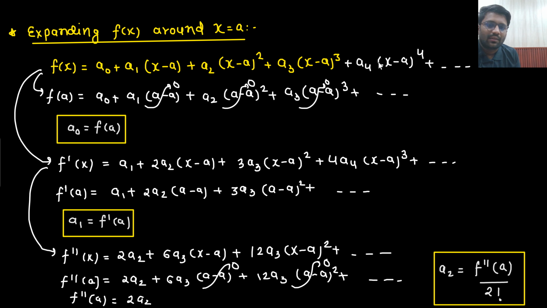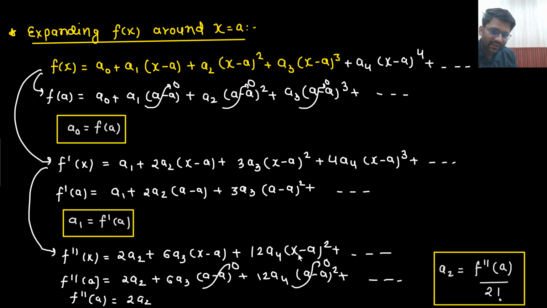Wait a second. I am talking about this a4 factor, not a3. Sorry guys, this was a4. So first what came? 4a4. First 4 came, then 4 multiplied with 3, so 12 came. So basically first 4 came, then 3 came.